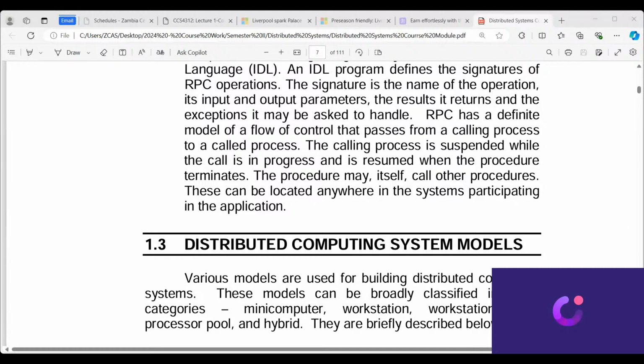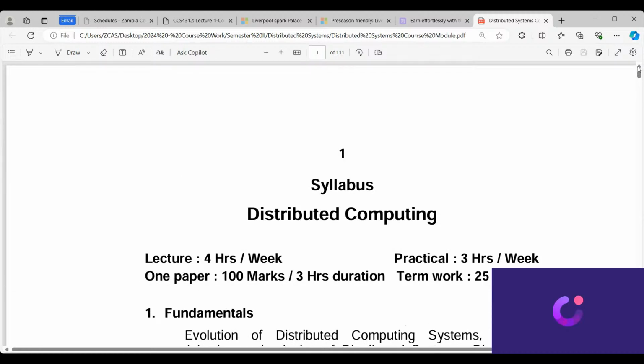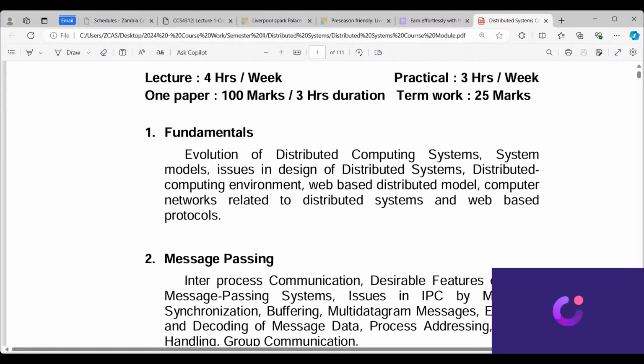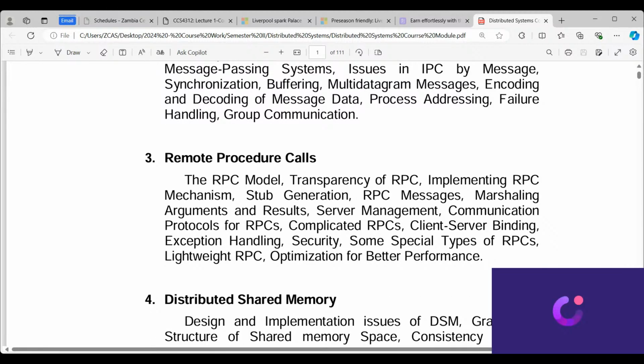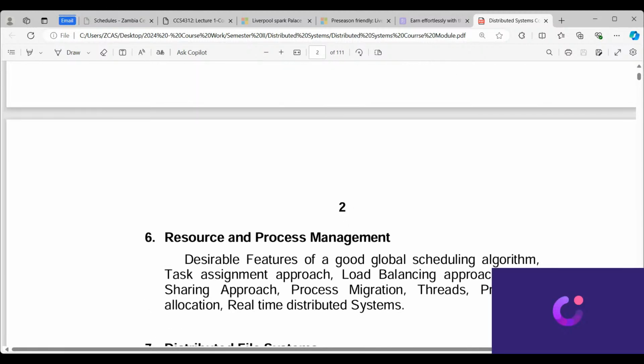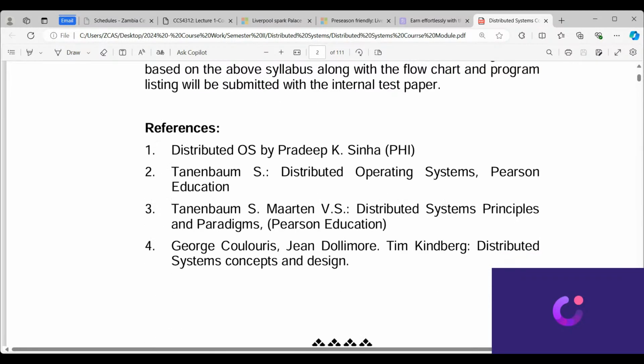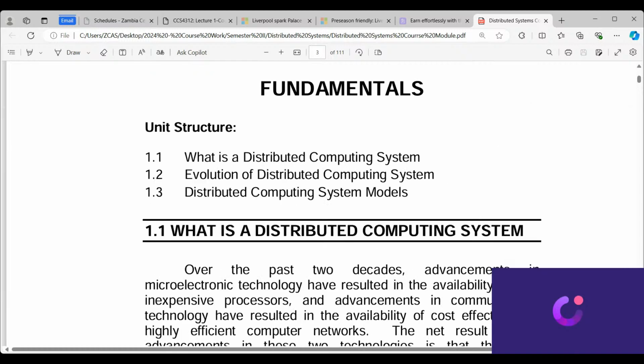Just to recap, we looked at the fundamentals of distributed systems. When we started this topic, we looked at the definition of distributed systems or distributed computing.